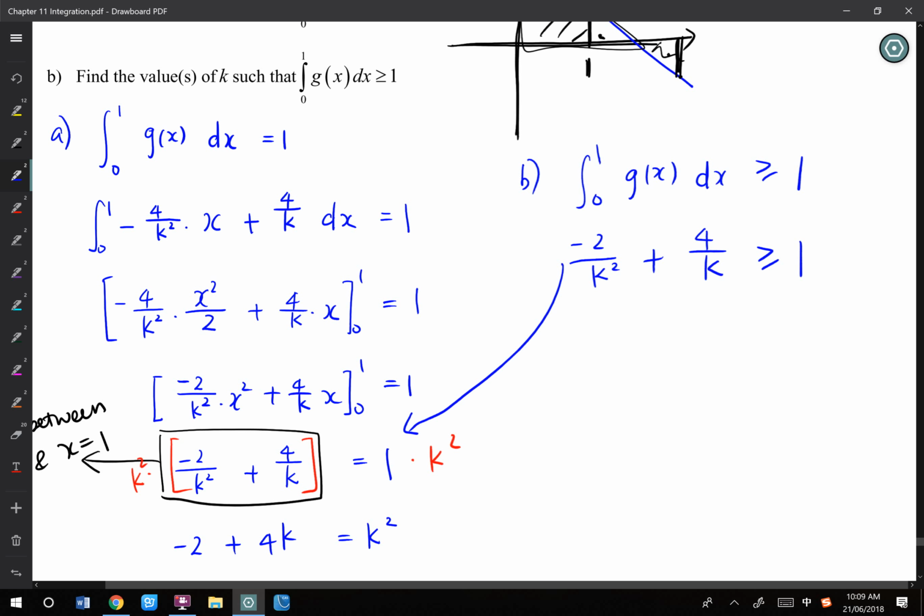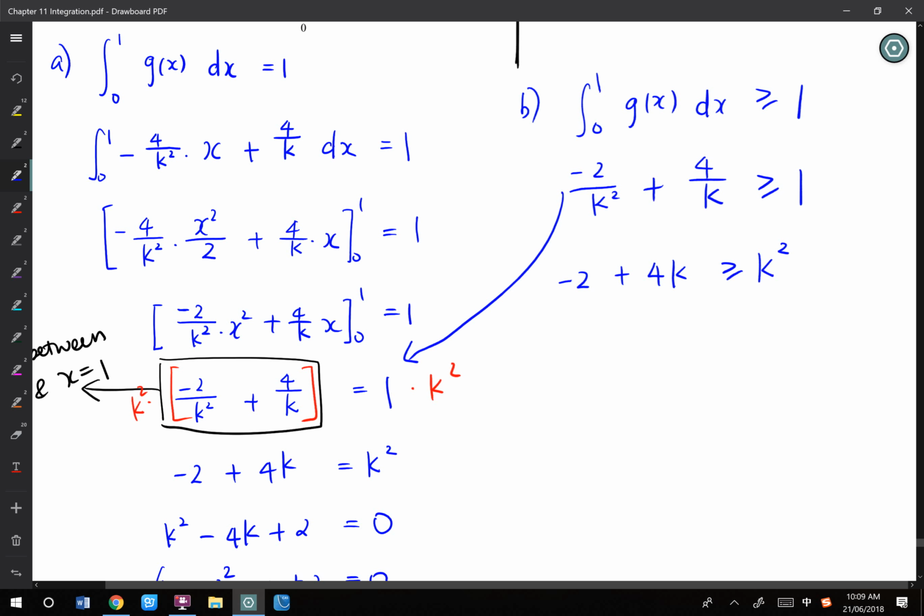So we still can times k squared because that's definitely a positive number and I don't need to change the sign. So it's minus 2 plus 4k greater than or equal to k squared. So I move everything to the right hand side: k squared minus 4k plus 2 less than or equal to 0.